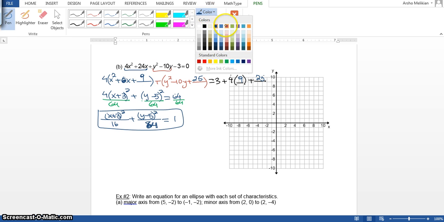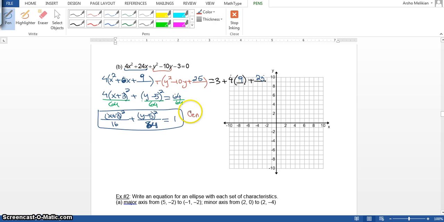The center is -3 and +5. A is 8. B from here is 4. Isn't A 64? This is a squared and this is b squared.